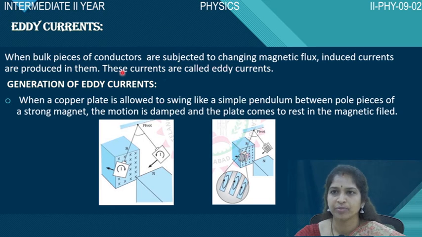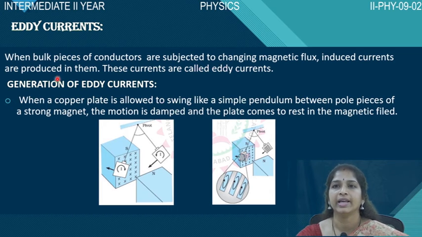So here also the same thing: when bulk pieces of conductors are subjected to a change in the flux, currents are induced, EMF is produced, and that further produces currents. Those currents are called eddy currents.